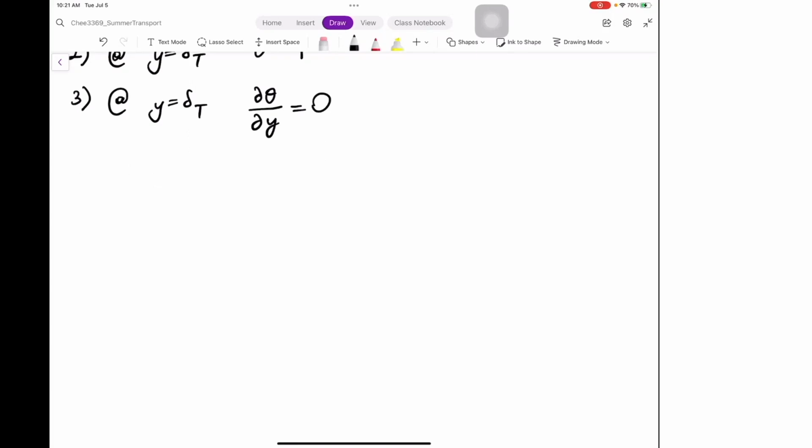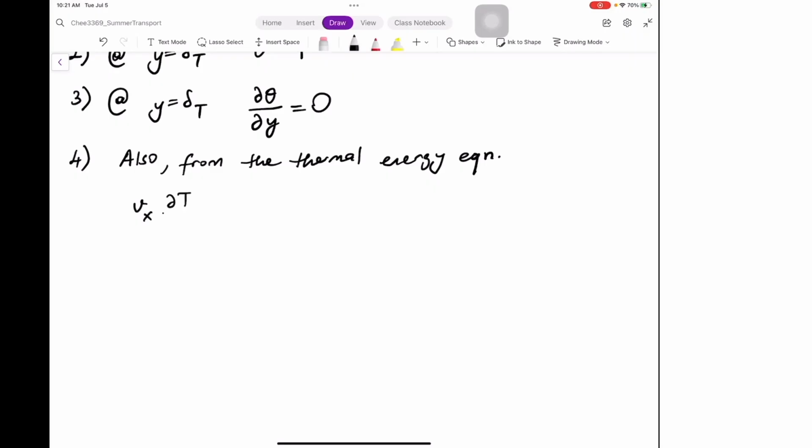And also from the thermal energy equation, we have Vx del T over del x plus Vy del T over del y is equal to alpha del squared T over del y squared.